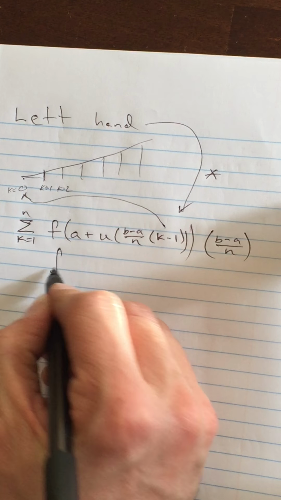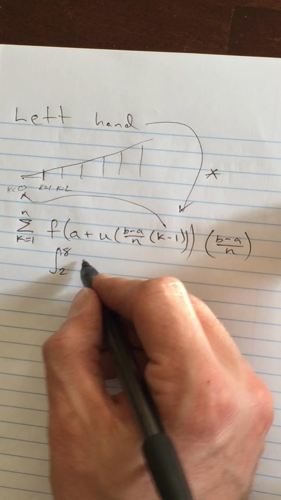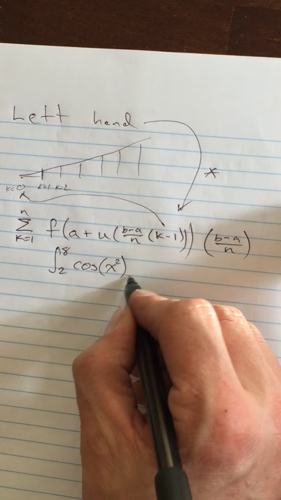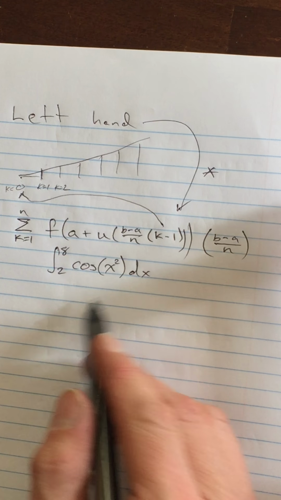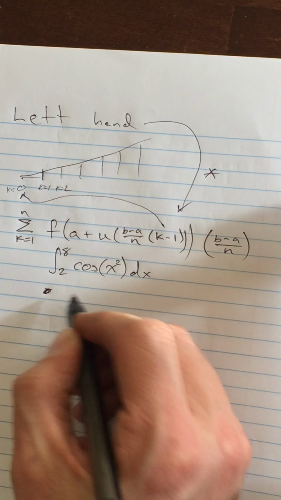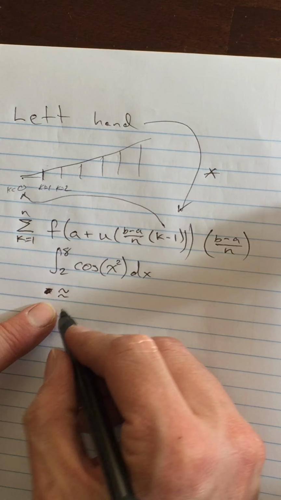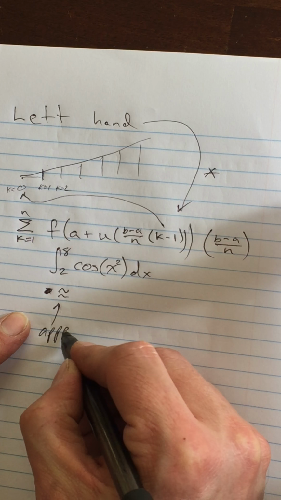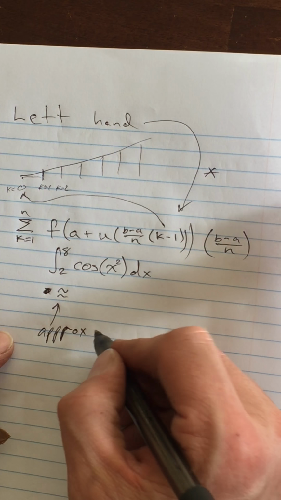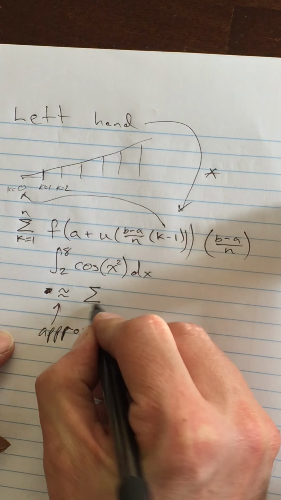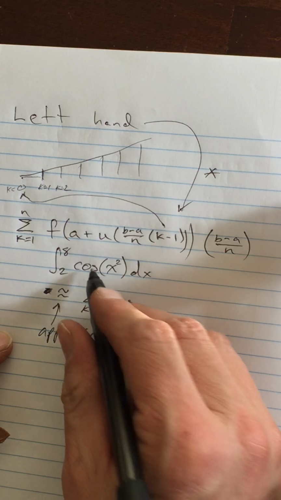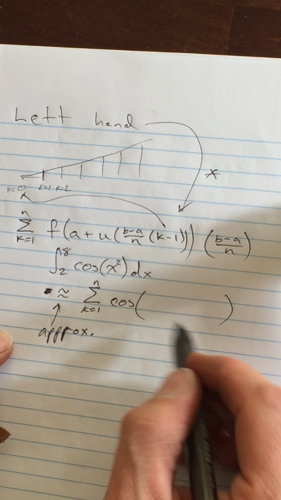The problem given says the integral from 2 to 8 of cosine of x squared dx. So with this, remember this is an approximation, so it's approximately, and then we have the sigma notation, k equals 1 to n, and it's going to be cosine, with that thing squared.